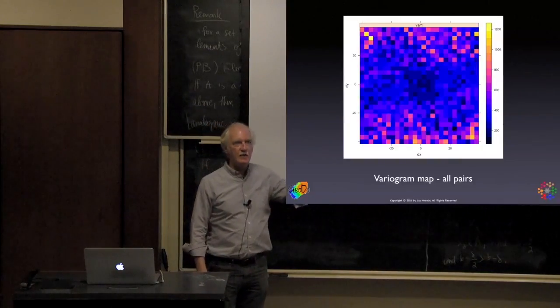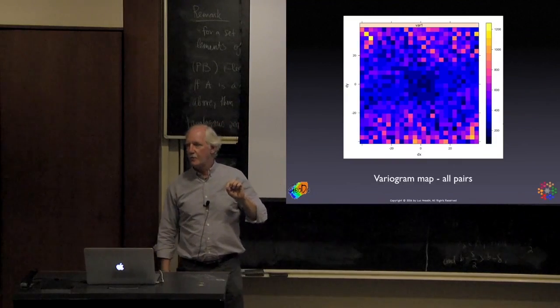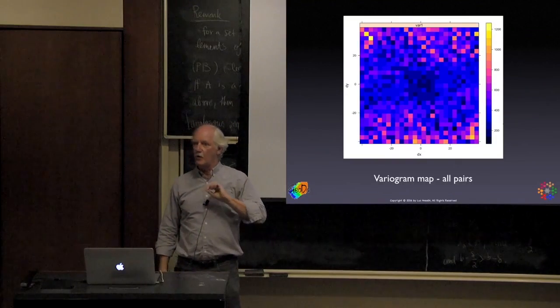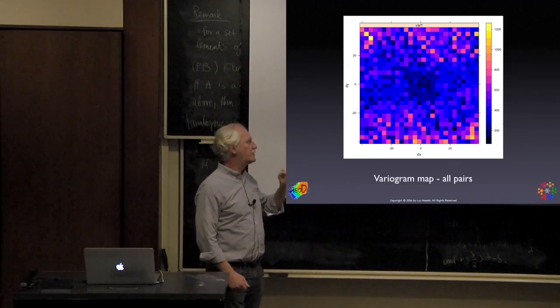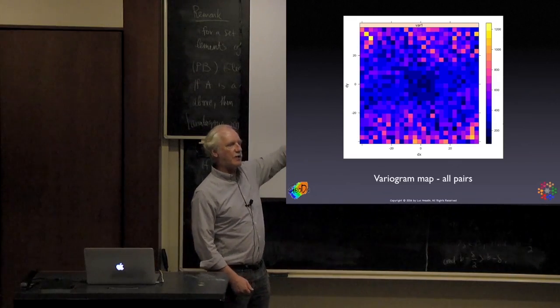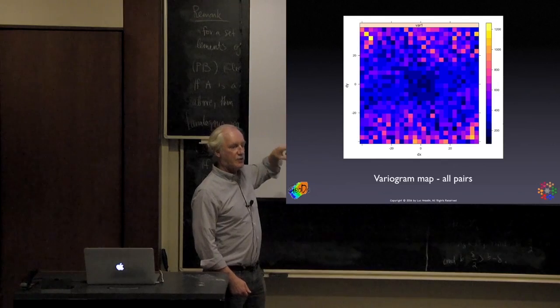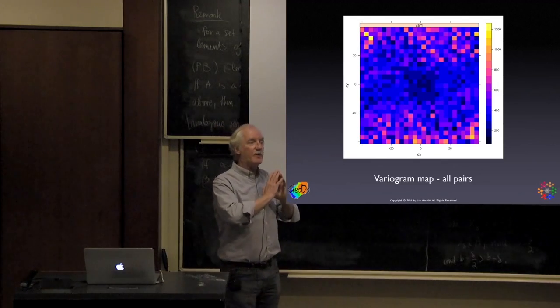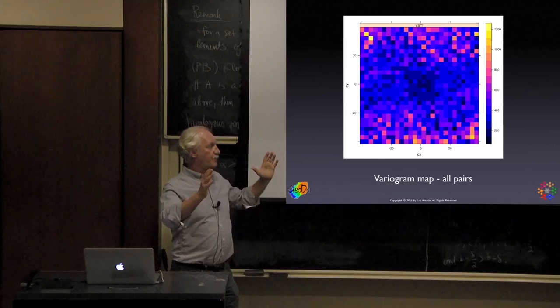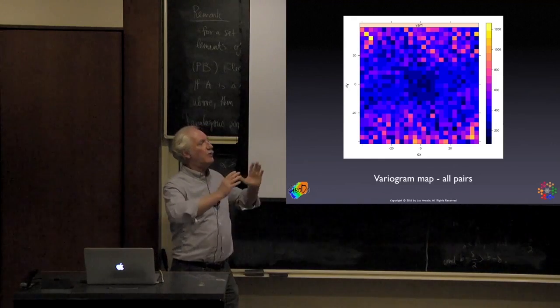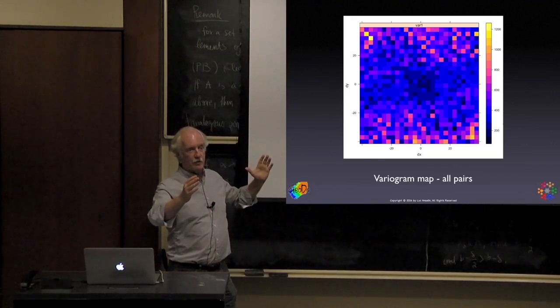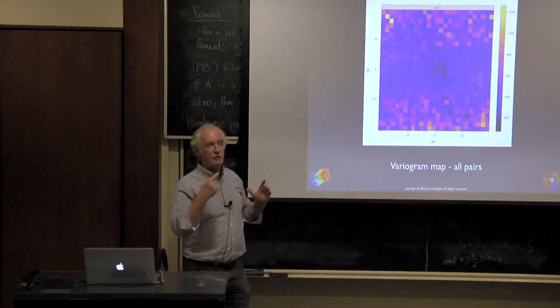So if the process is isotropic, meaning it's the same in all directions, what you like to see is a nice concentric pattern. It's concentric because the only thing that matters is distance. As the distance becomes larger, the differences will become larger. And it should be the same in all directions.